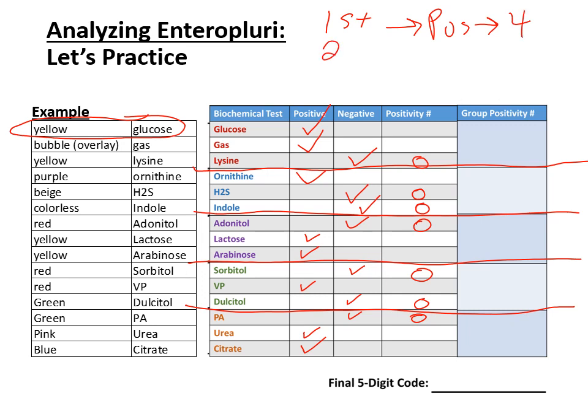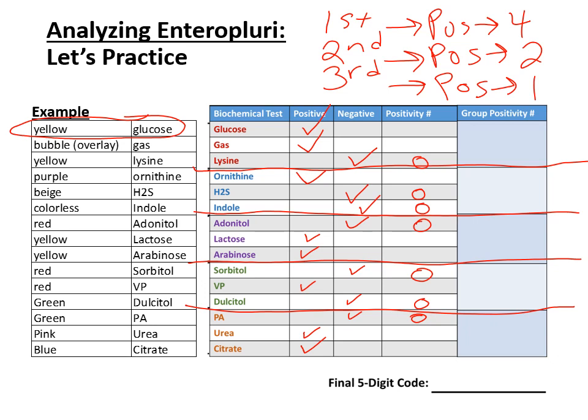Any second test in a group, if it's positive, it becomes a 2. And any third test in a group, if it's positive, becomes a 1. Any negative, we already said, is a 0.